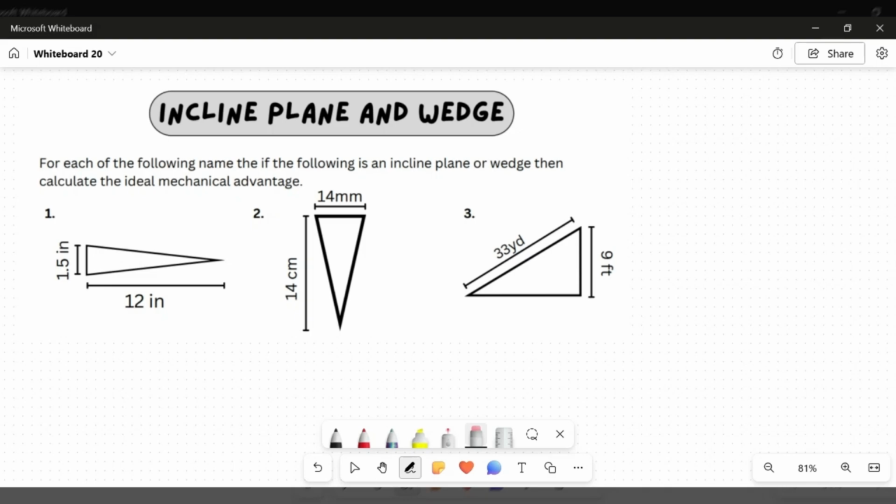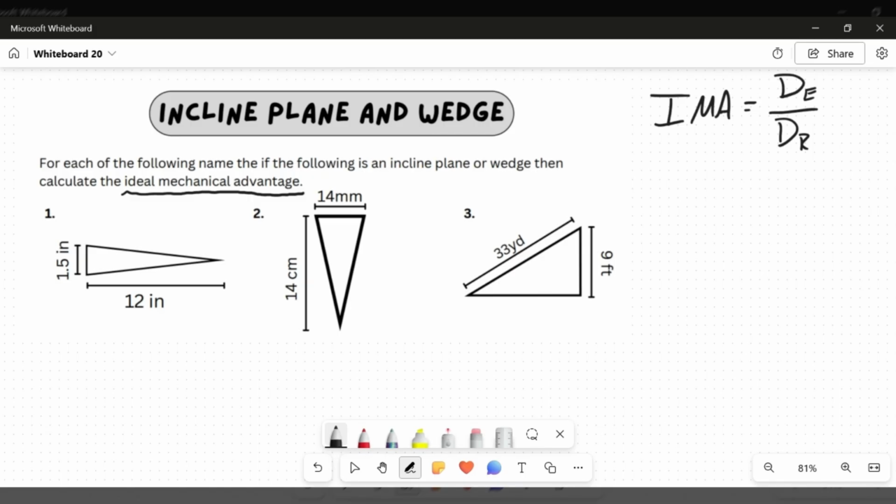All right, we are going to be looking at inclined planes and wedges. Let me just review the mechanical advantage here because our goal is to find the ideal mechanical advantage as stated there. Ideal mechanical advantage equals the effort distance divided by the resistance distance.